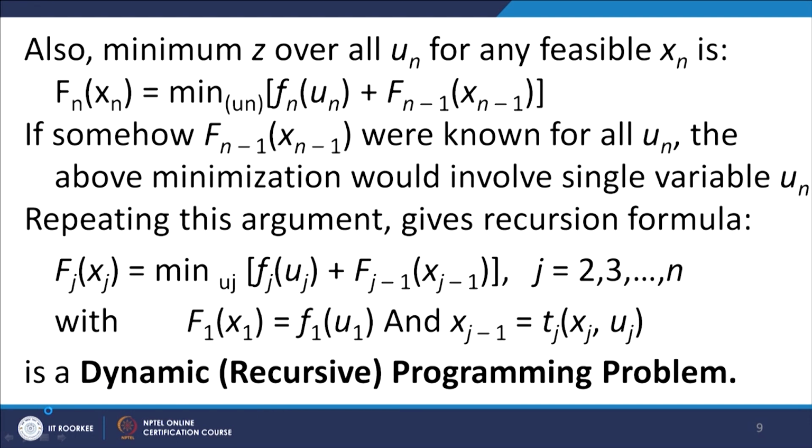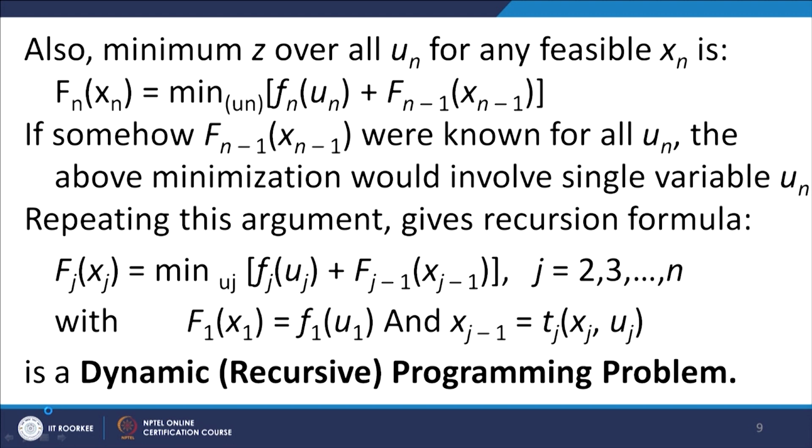Now also the minimum of z over all u n for any feasible x n is F n x n, which is given by the minimum over u n of f n u n plus F n minus 1 x n minus 1, and if somehow F n minus 1 x n minus 1 was known for all u n, then the above minimization would involve a single variable u n.